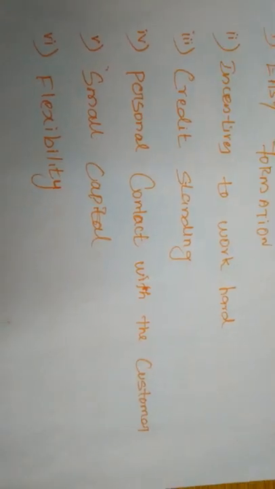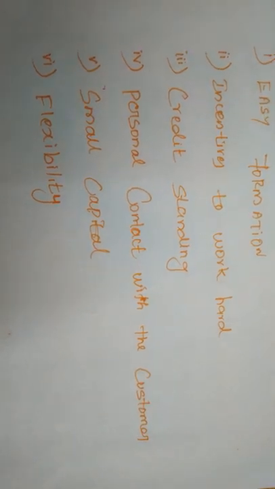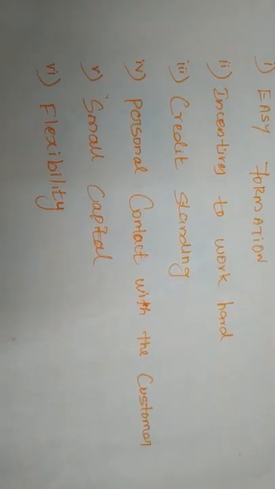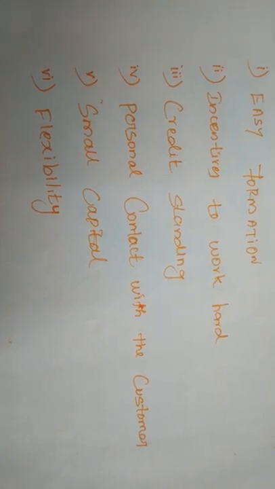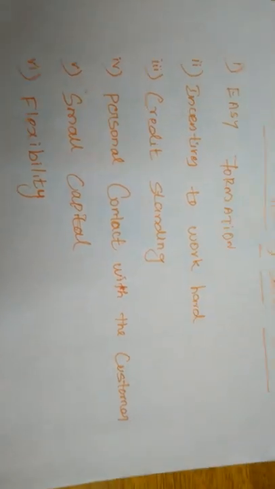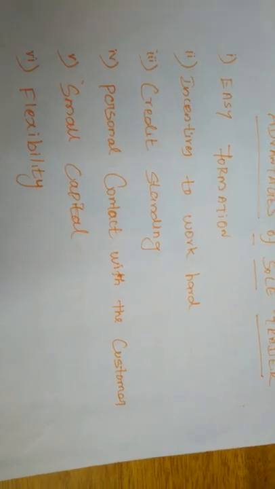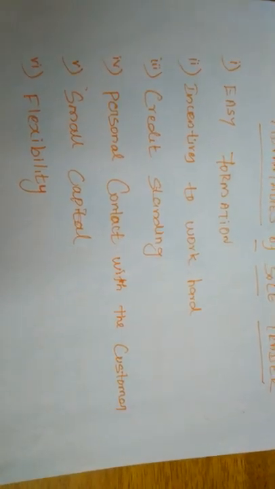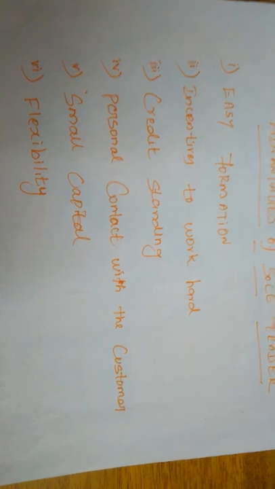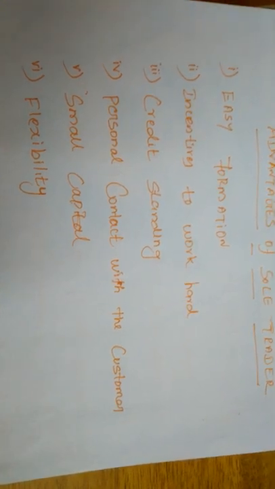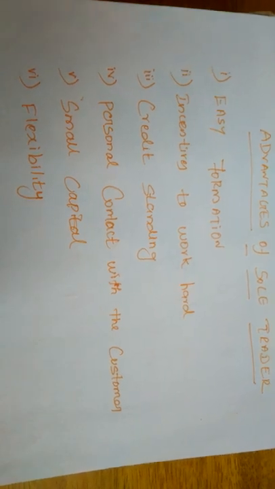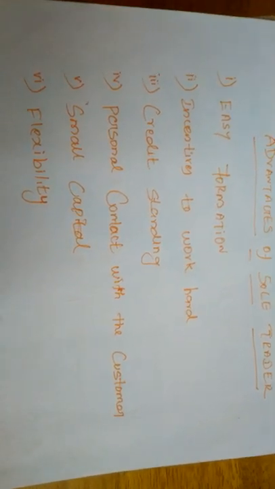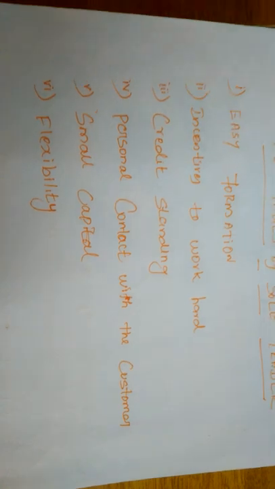Next, credit standing. Since his private properties are held liable for satisfying business debts, he can get more financial assistance from others. Whenever he needs to borrow money from a financial organization, he can easily borrow it, because of the amount of assets held by that sole trader.